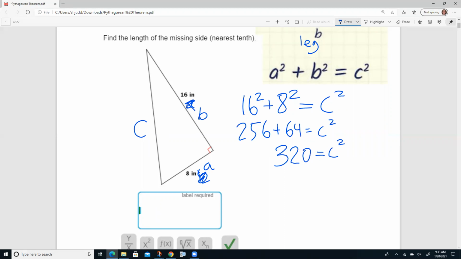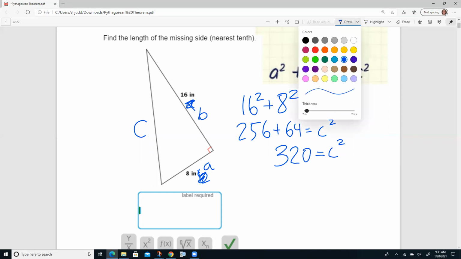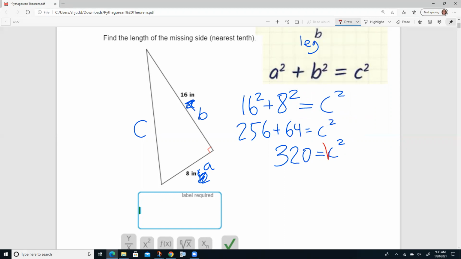I need to do something to undo that square. What I need to do to undo the square is I need to take the square root. So the square root and square cancel on this side. I'll have C and the square root of 320.